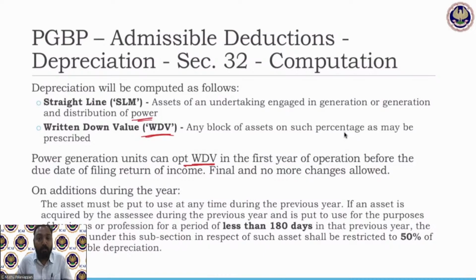And we said about additions, it is not proportionate. There is a time limit, and the time limit is 180 days. If an asset is used less than 180 days, you provide 50% as depreciation. So in the first year, if it is less than 180 days, you provide 50%. If it is more than 180 days, you claim full year depreciation.